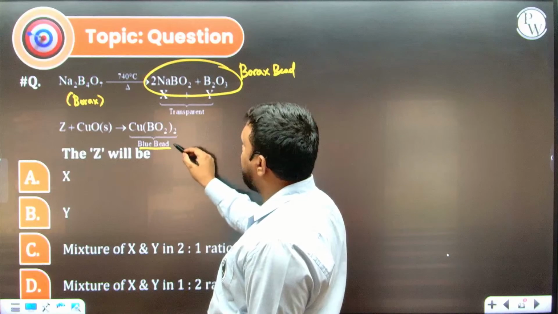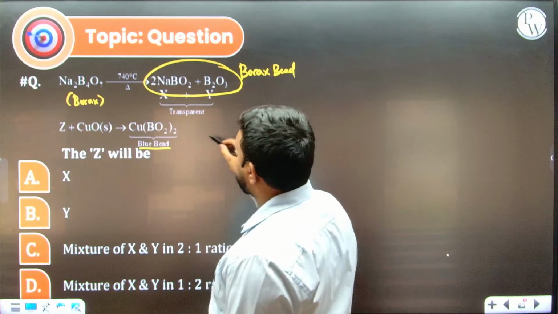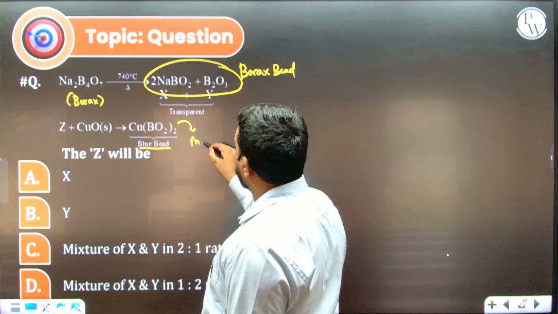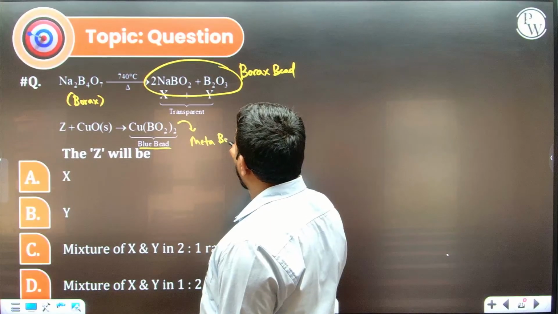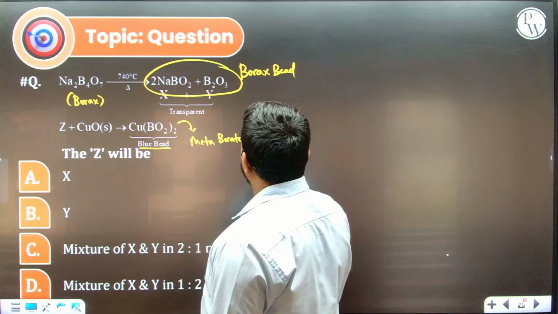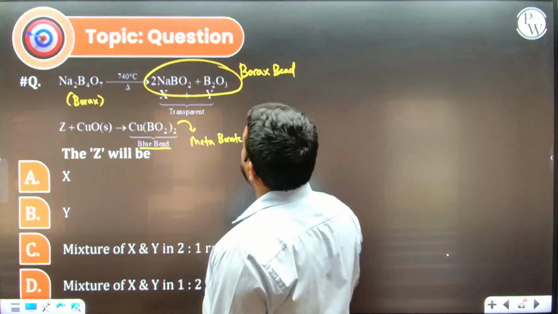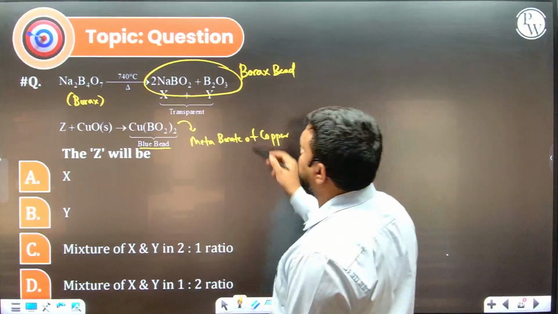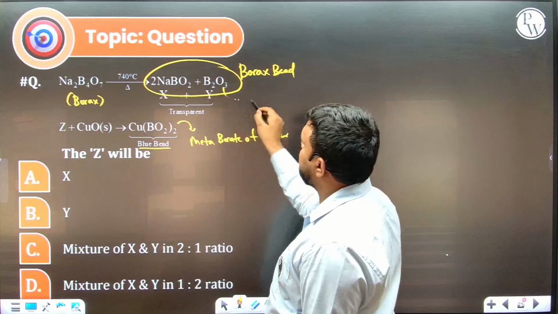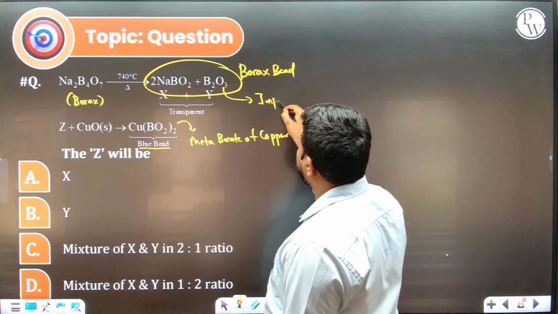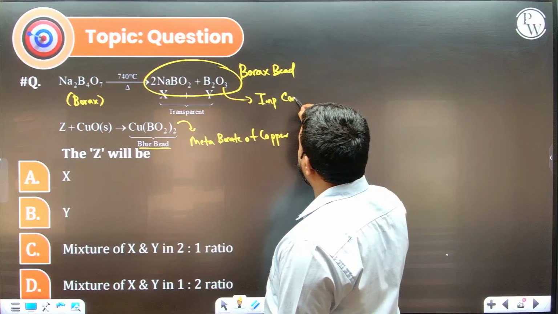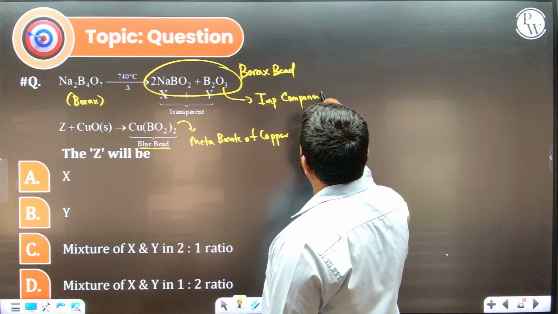Like, can you see the blue bead? We got it. This is nothing but the metaborate of copper. Already we discussed this. So I told you at that time that in these two, the important one is this B2O3.